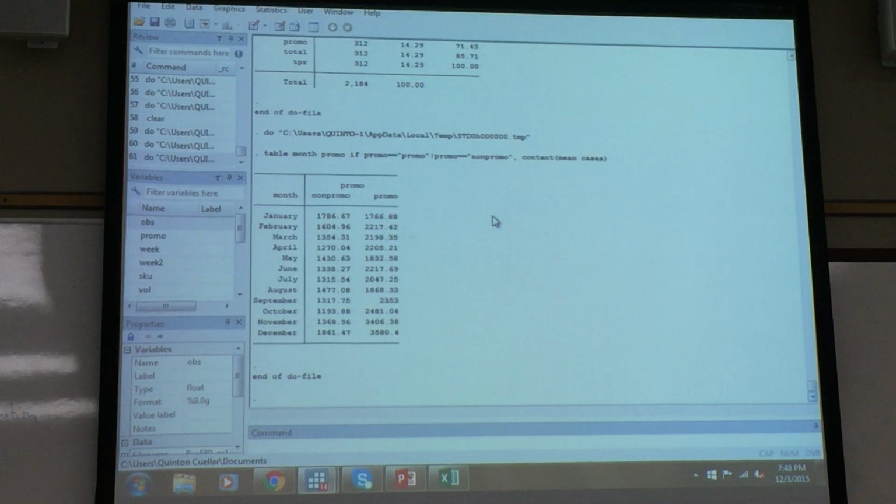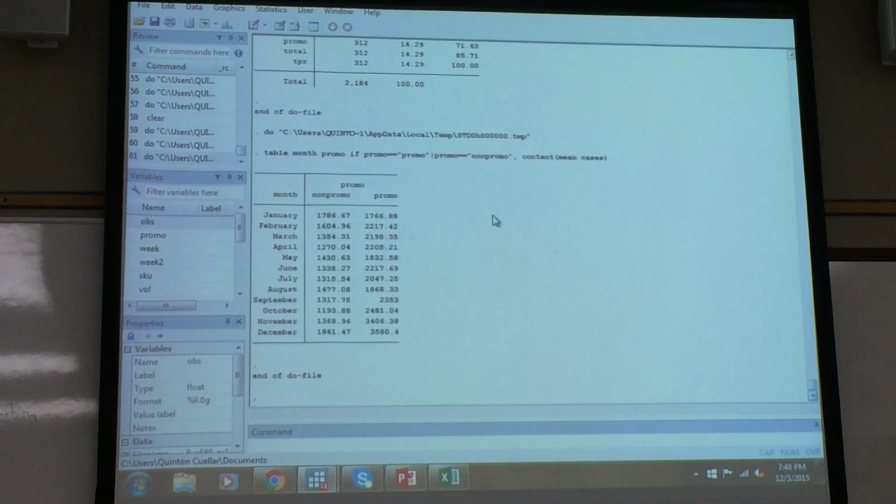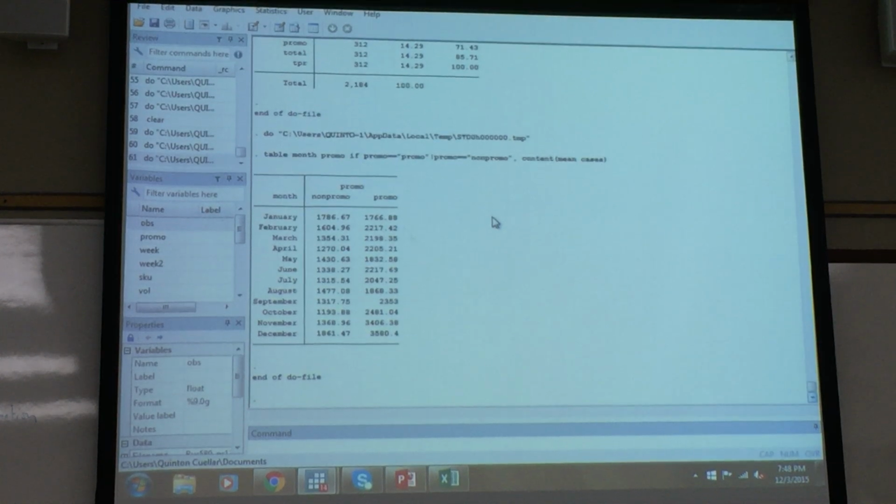We're going to approach that. We can look individually at a feature, when something's on feature, and individually at something when it's on display and see which one's more effective, and then we can see if having both, feature and display, is even more effective than them individually. There's some sort of synergistic effect.